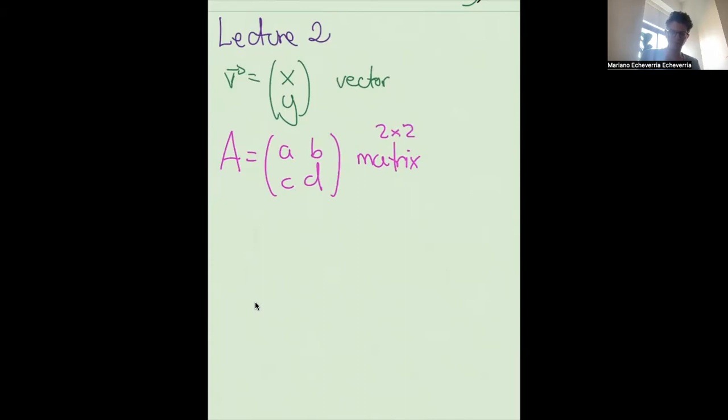I'll explain this convention later today because it has two rows and two columns, but for now it doesn't matter. The point of a matrix is that it is like some sort of recipe or gadget that allows you to turn a vector into a different vector.